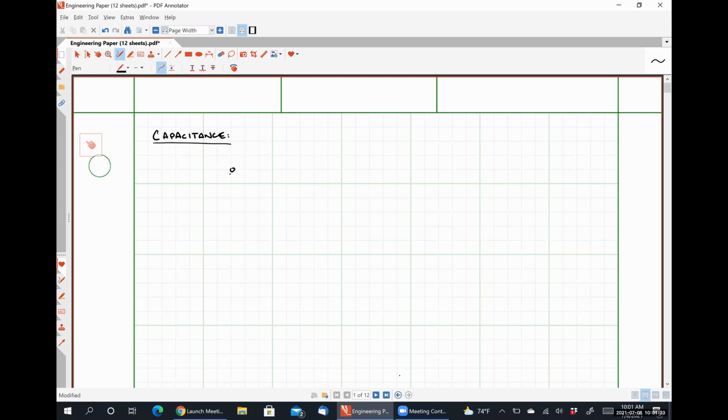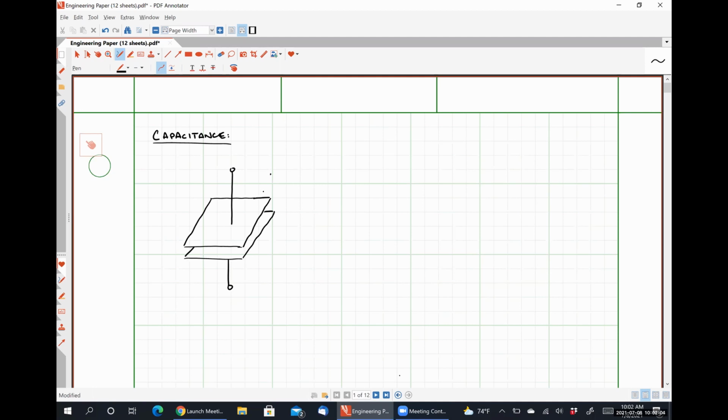So we have a terminal connected to a metal plate, like so. And then there is a second metal plate underneath, for which we have another terminal.